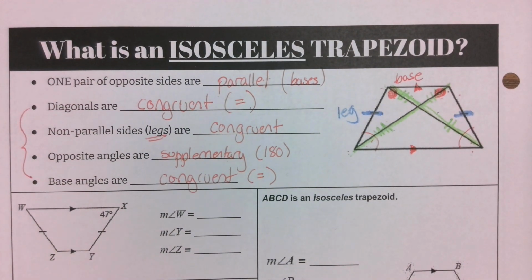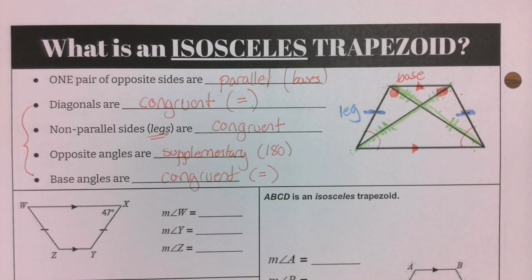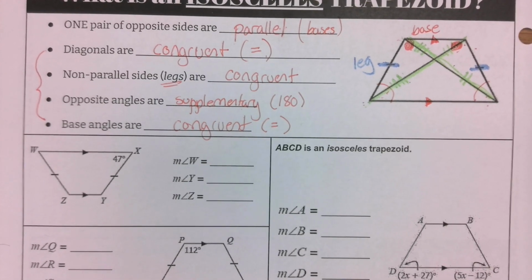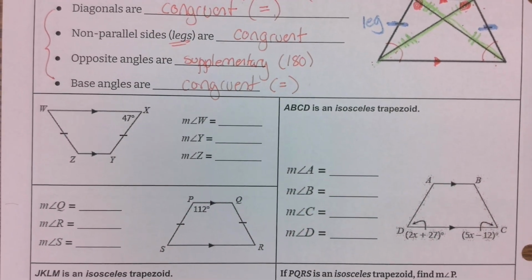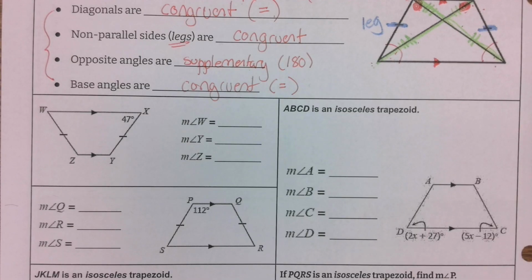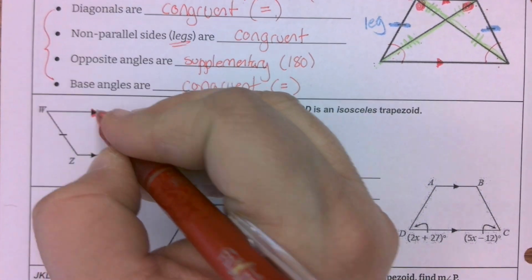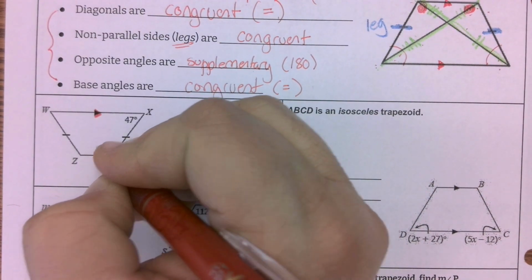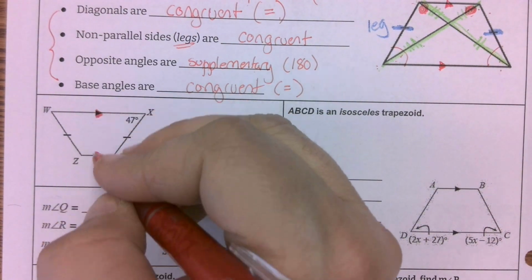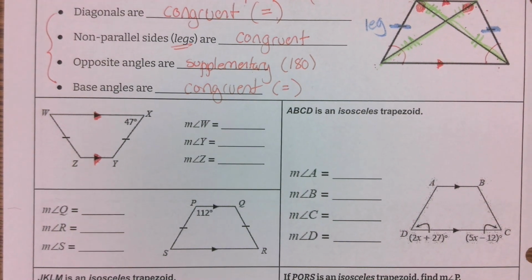Okay, let's use some of those properties to solve for missing parts of an isosceles trapezoid. Now, we know that this is isosceles and a trapezoid because of two things. We know it's a trapezoid because it has one pair of parallel sides. Even though there's two triangles, that makes one pair, like two shoes make one pair of shoes.